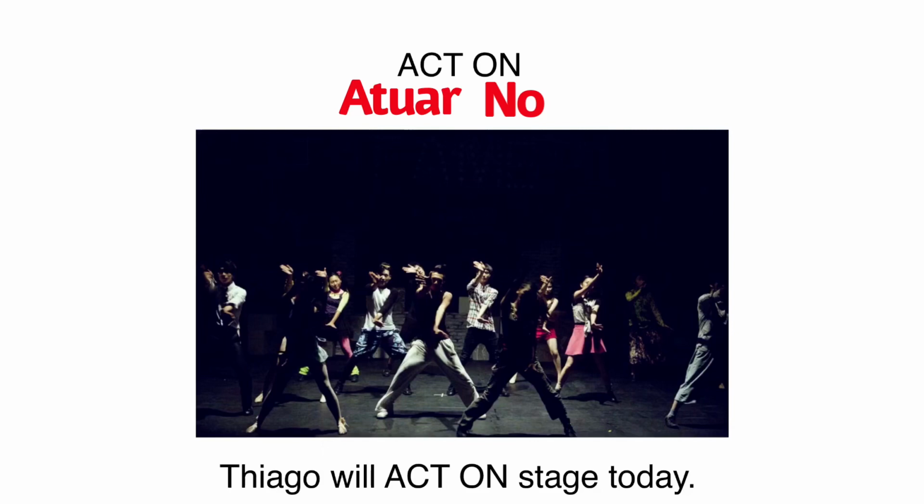Tiago will act on stage today. Em português significa Tiago vai atuar no palco. Então, no caso, act on significa atuar no. E no caso da foto, atuar no palco. So, act on can mean what the individual words themselves mean.